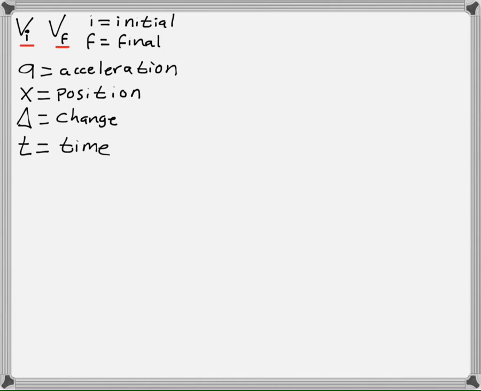And the equation that becomes really important in question number 4 in the review was this equation. It's Vf, so velocity final, squared is equal to 2 times the acceleration times the change in position, so delta x, plus the initial velocity squared again.